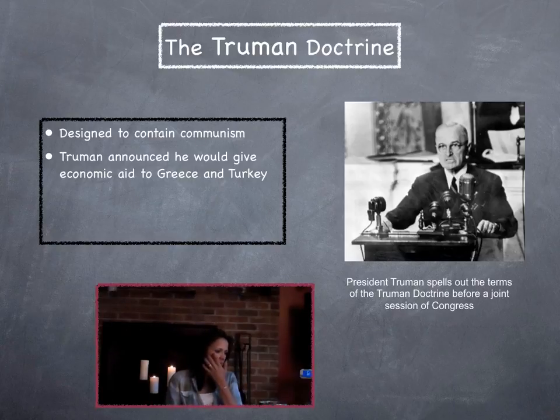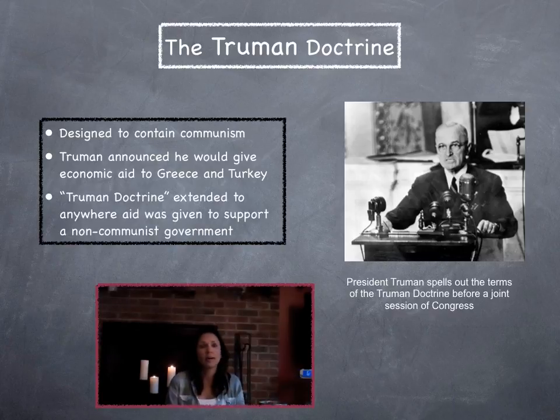And so Truman announces that he's going to fund Greece and Turkey, and $400 billion are allocated to help Greece and Turkey.